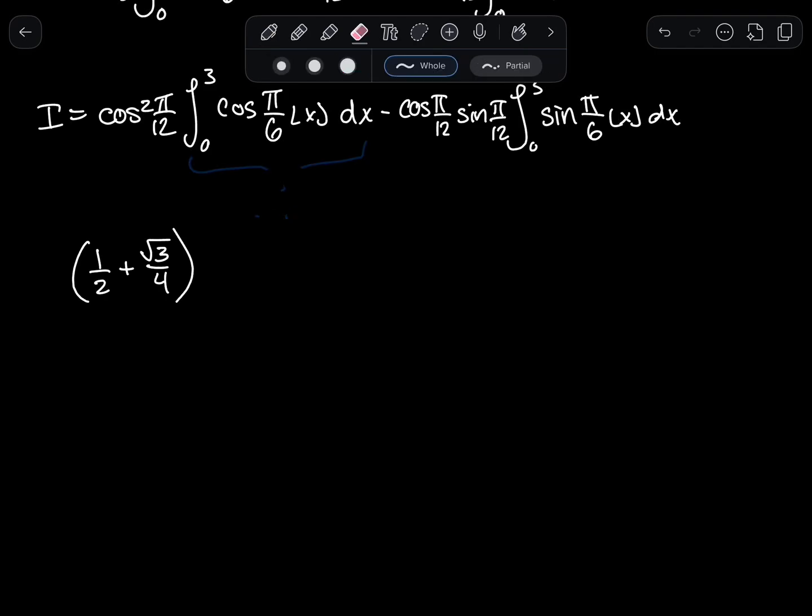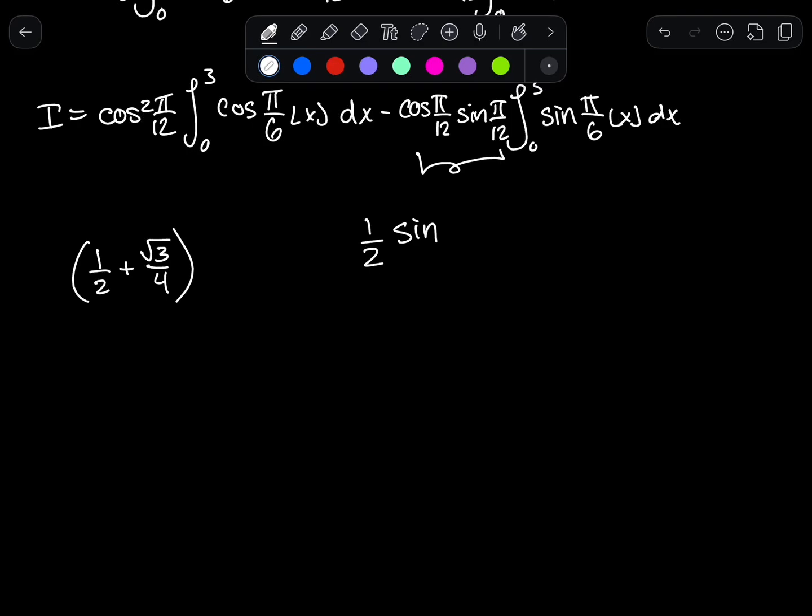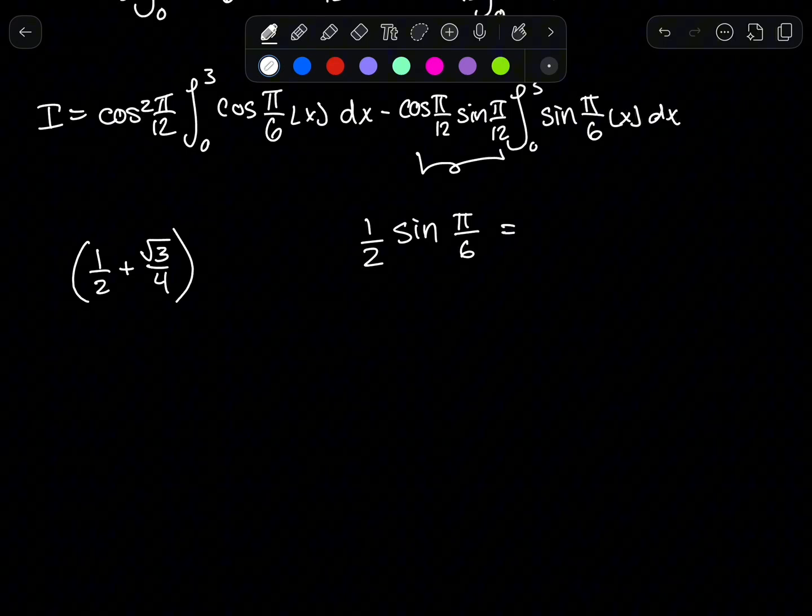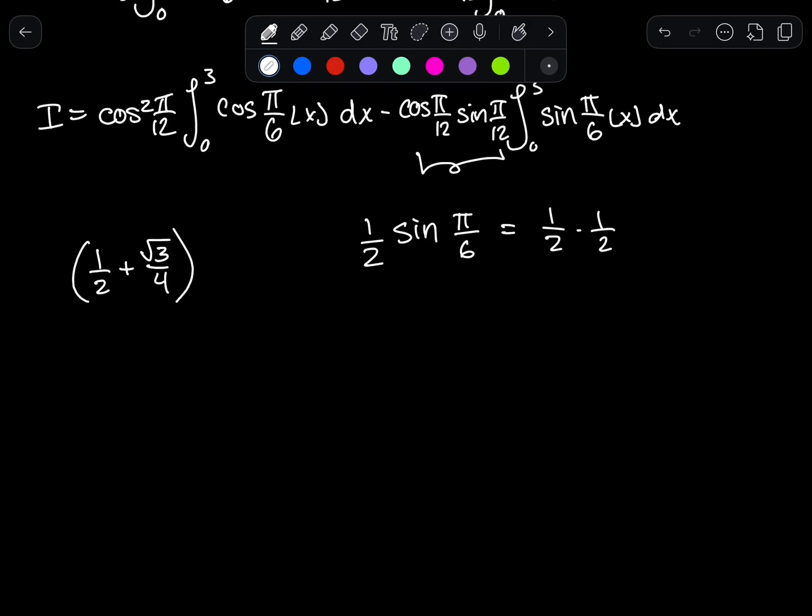And then cosine of pi by 12 times sine of pi by 12 is just 1/2 sine of pi by 6, which, since sine of pi over 6 is 1/2, gives 1/2 times 1/2, which is just 1/4. So we get 1/4 over there.